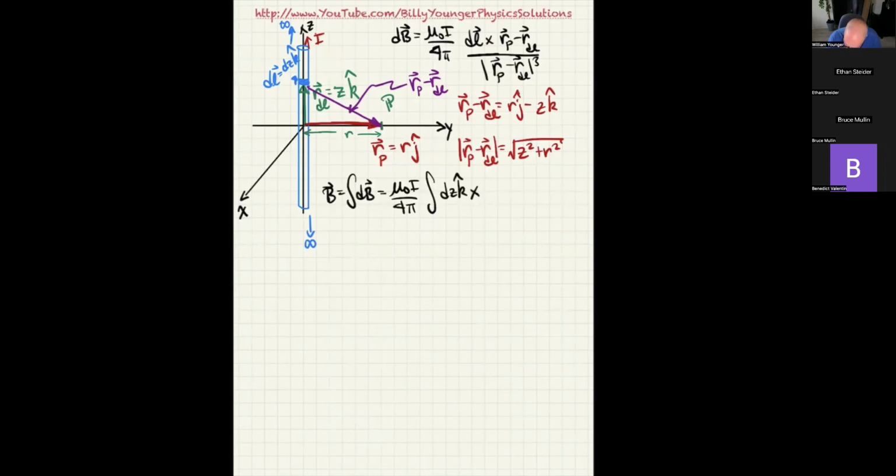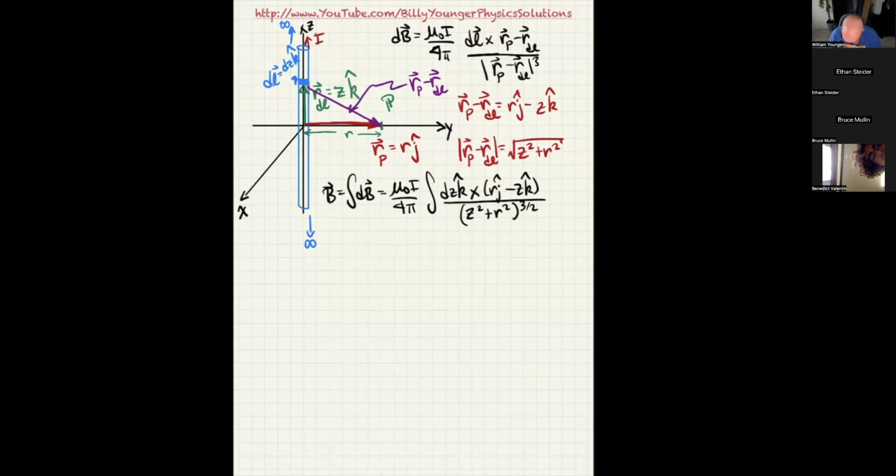Now I've got to cross that with r j hat minus z k hat, and then I've got to divide all that by z squared plus r squared to the 3/2 power. Okay.